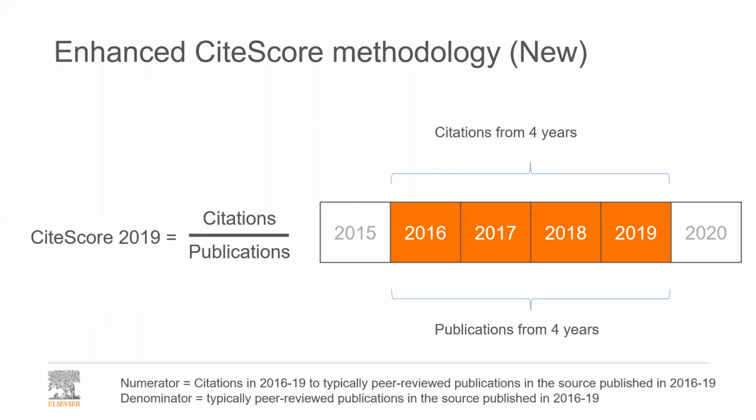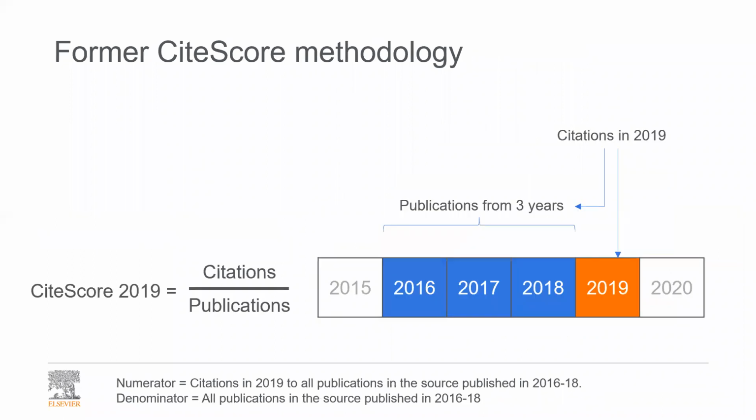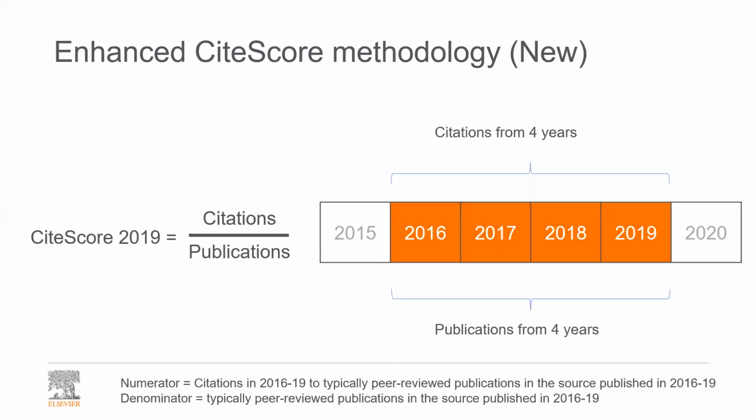That's how we introduced the enhanced CiteScore methodology. So this is how the calculation is taken. You can see, we take the 4 years of citation count divided by the 4 years of number of publications. So it's symmetrical, 4 divided by 4, instead of the previous one, 1 divided by 4.